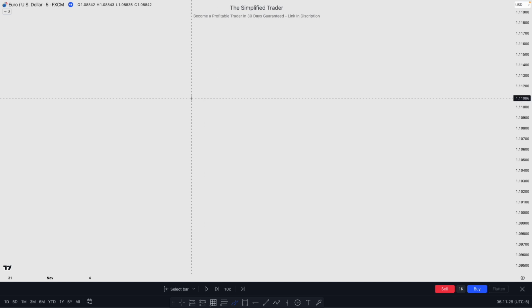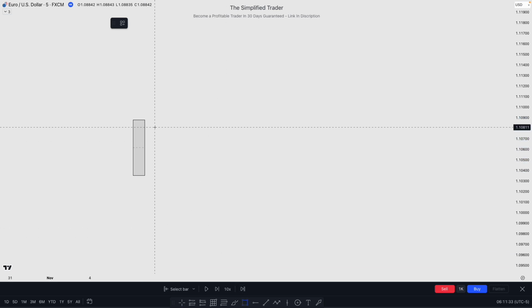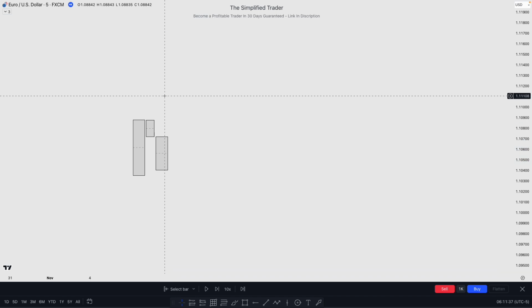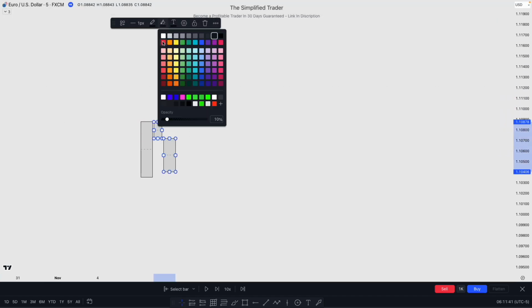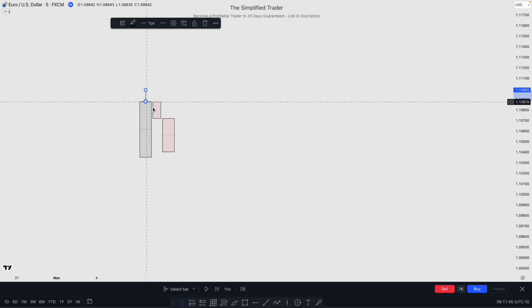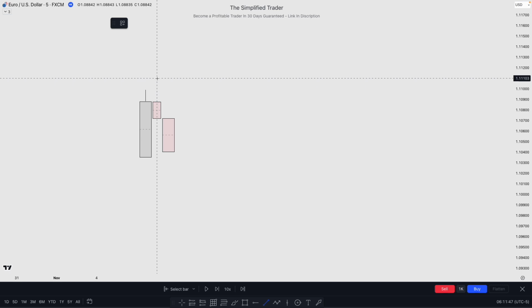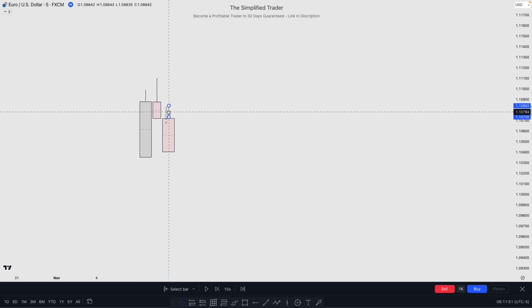So what is a swing high? What is a swing low? Let's say we have 3 candles. We have a bullish candle and we have 2 bearish candles. Here we have a wick. This candle's got a wick, and then this candle's got a wick.